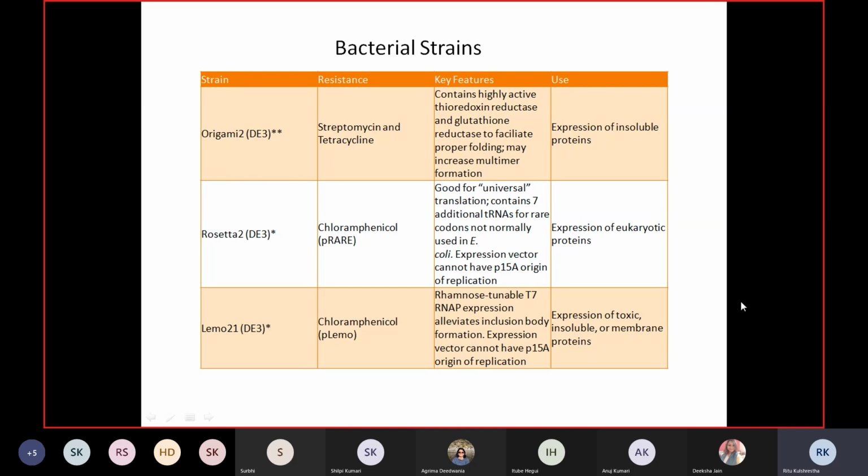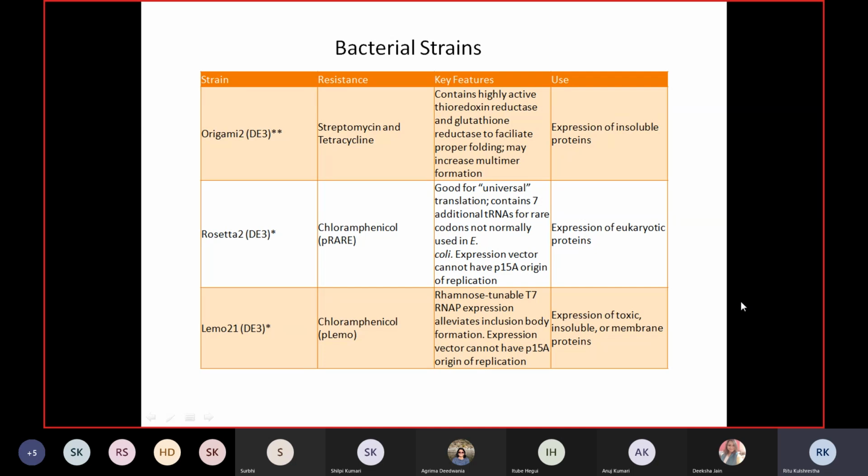Similarly, for another modification, they introduced a whole locus from another bacteria into E. coli, and that particular post-translational modification was very well done in the proteins which were expressed.